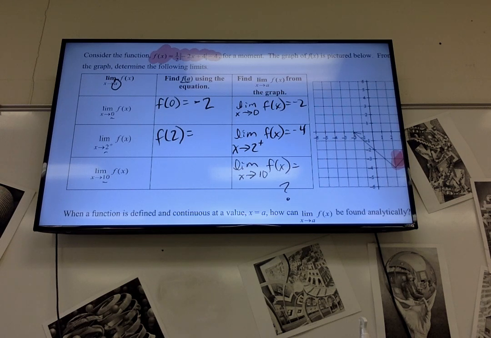F2? There's no difference for right and left. No, there is not. So like what we're doing, in case you're like, what? Is we're just plugging in 2 for x, and getting an answer. What'd you get? -4?